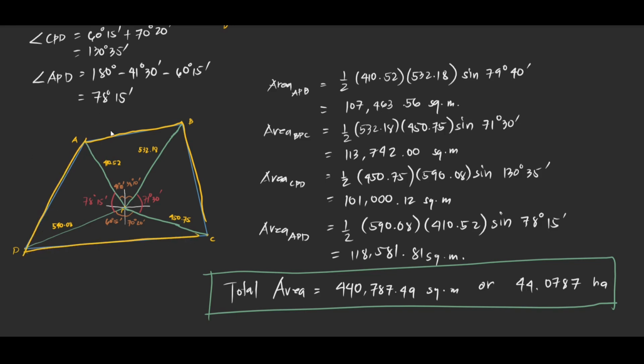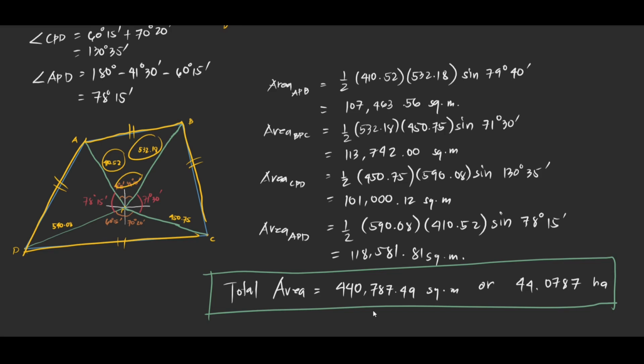You can compute these sides using the cosine law, because you have the angle here and this one. You can compute all of them, and then compute the area using Heron's formula, using all three sides of the triangles. Try if you can get the same area.